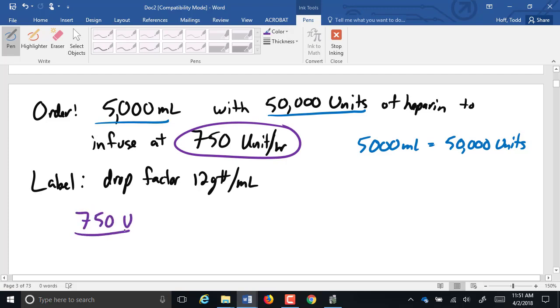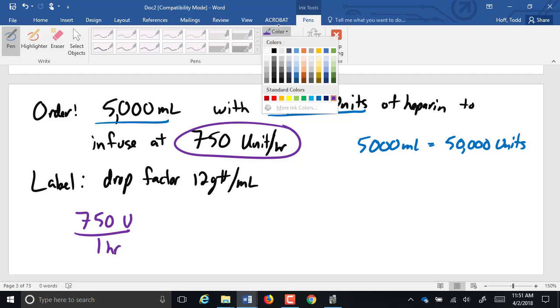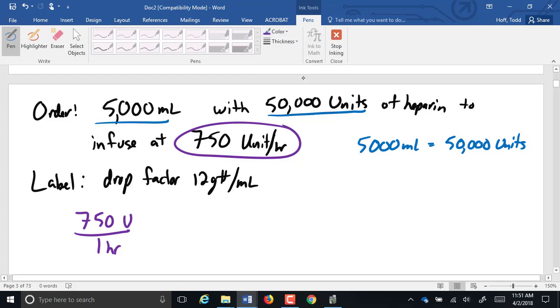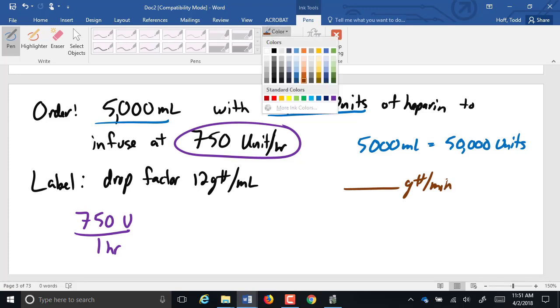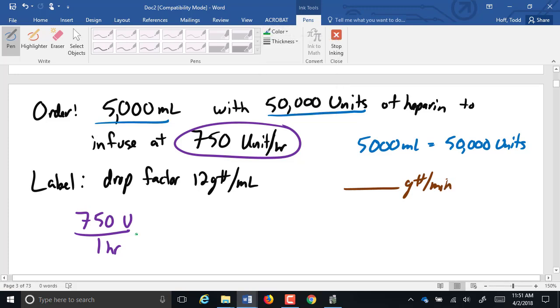That's 750 units for 1 hour. And we want to get this into drops per minute, is what we're requested to find. So we're going to have to change the hours, because I'll put that in there right away. 1 hour is 60 minutes.